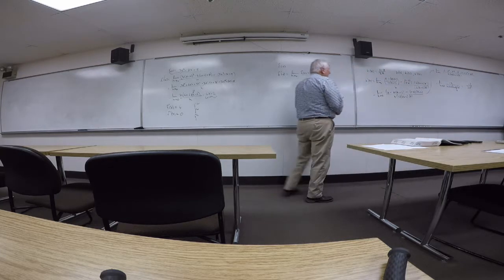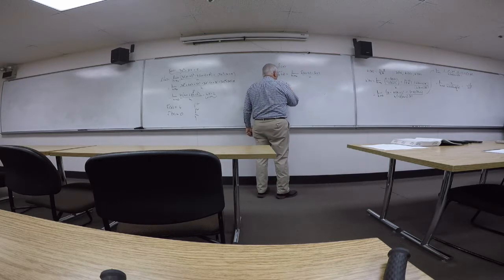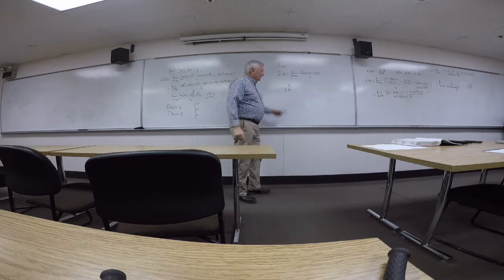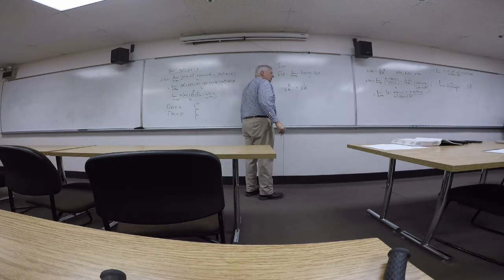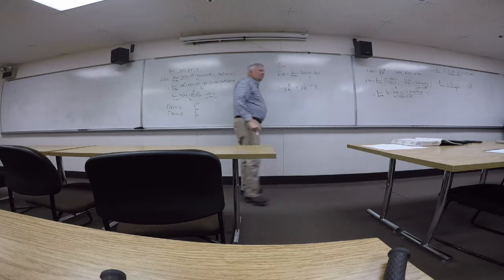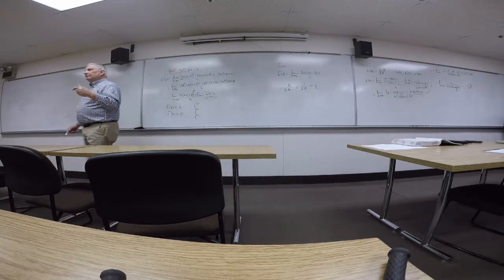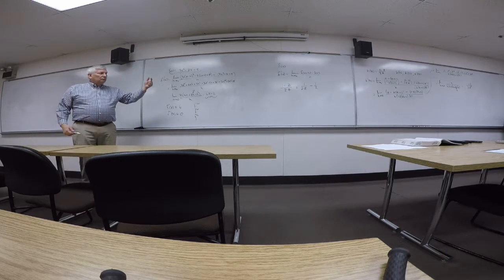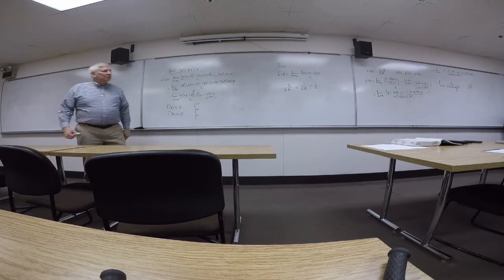Another way to have looked at this problem: 1 minus z over 2z, if we write it as two fractions, we have 1 over 2z minus 1/2. And if you remember, one of the ones we did last time was 1 over x. And when we did 1 over x, its derivative was minus 1 over x squared.